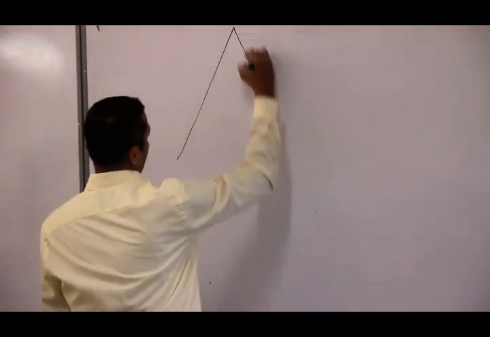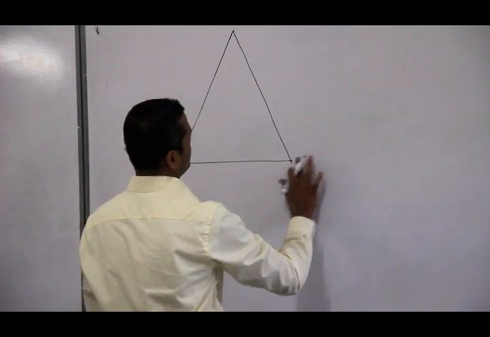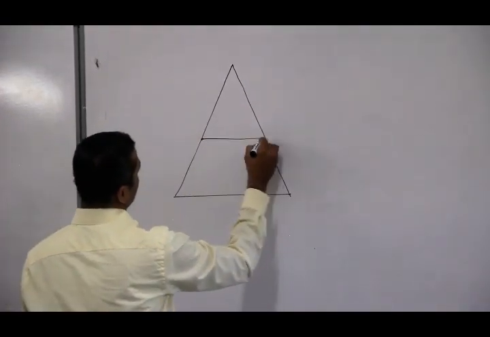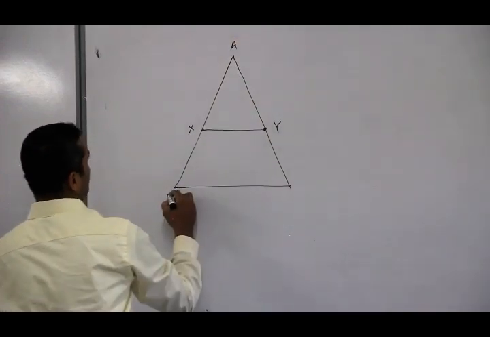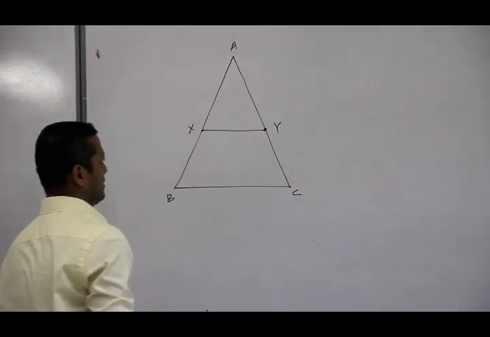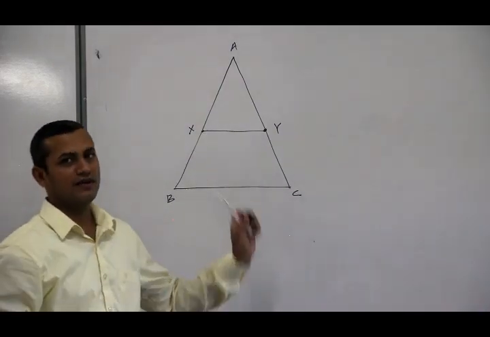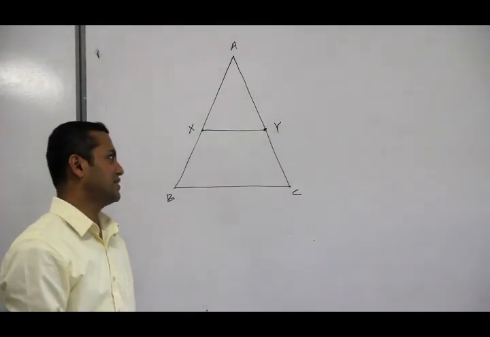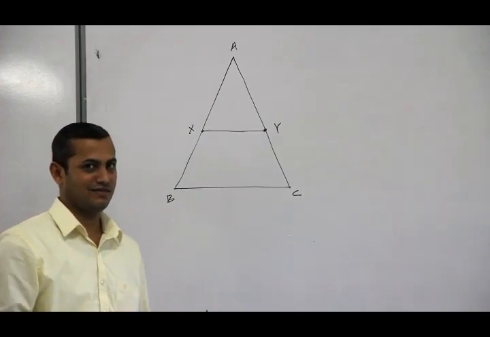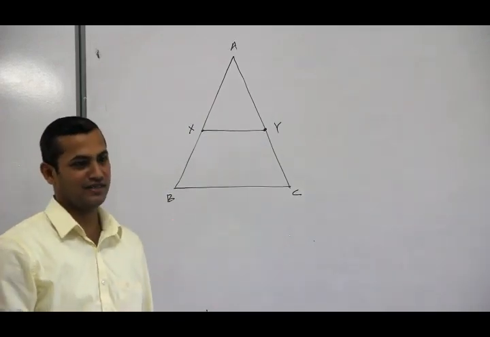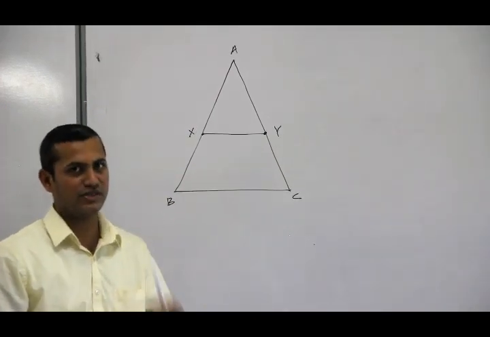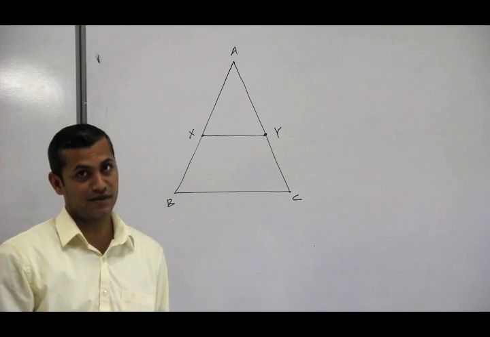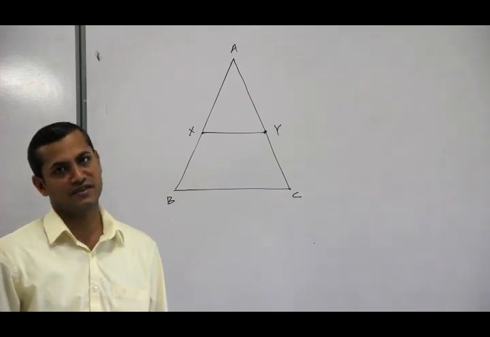Alright, let me explain this. This is XY, right? This is A, B, C. You know, it's an equilateral triangle. Then, what do you mean by that? All the sides are equal. In an isosceles triangle, two sides are equal. If it is a scalene triangle, all three sides are different.